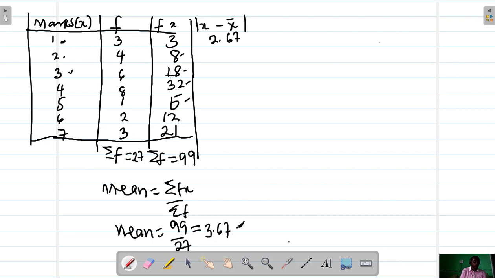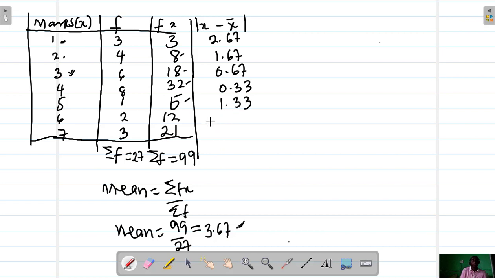Now 2 minus 3.67 will also give us 1.67. Then 3 minus 3.67 will be 0.67. Then 4 minus 3.67 will also give us 0.33. Then 5 minus 3.67 will also give us 1.33.